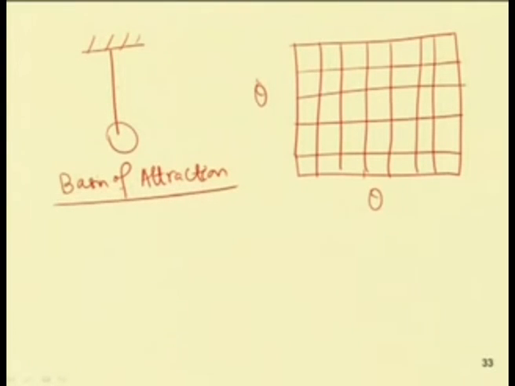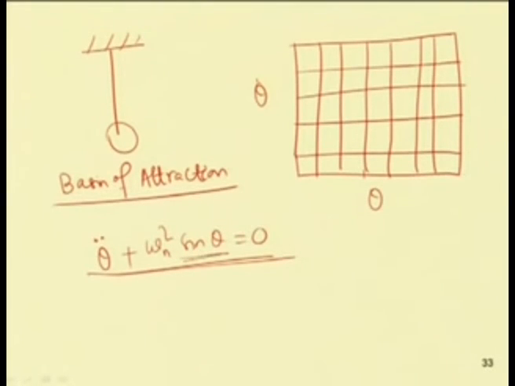For the simple pendulum, it is known that the equation will be in this form: theta double dot plus omega n square sin theta equal to 0. For small values of theta, it will be theta double dot plus omega n square theta equal to 0, where omega n square equal to g by L. For small values of theta, sin theta becomes theta, and the equation reduces to this form, theta double dot plus omega n square theta equal to 0.